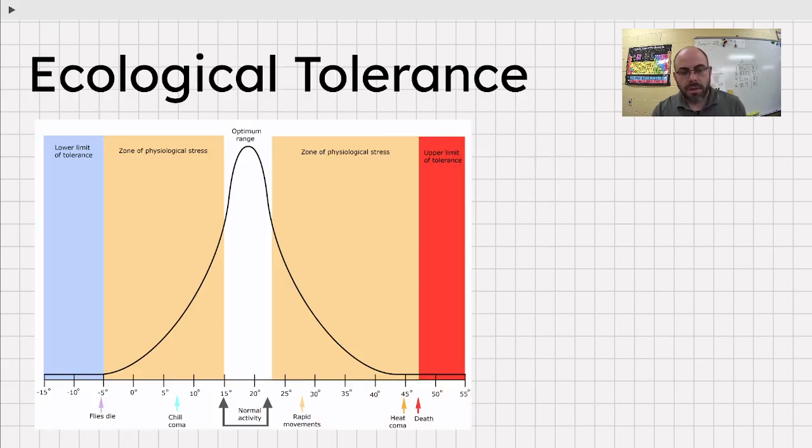And so you have an optimal range for a species that they say this is what we like, right? Outside of that, you have a zone that causes stress, right? So think about our own condition. If it's 72 degrees outside and sunny, a little bit breezy, I could live there my whole life, right? With no real stress.